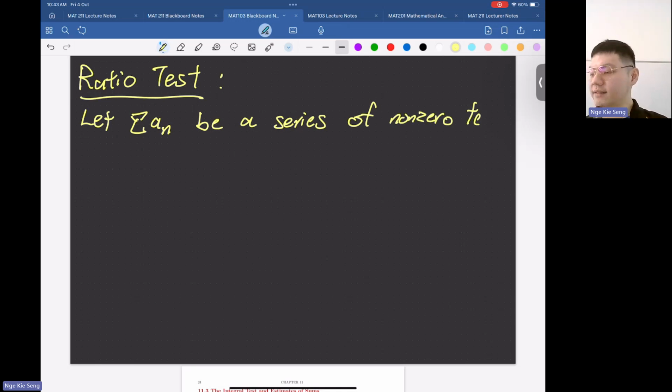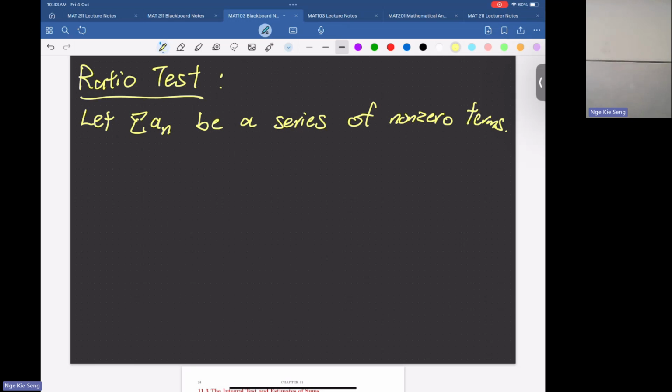So you need to be sensitive. Whenever you see non-zero terms, I need to do some operation related to what? Fraction, division, quotient. Okay, you cannot divide by zero.